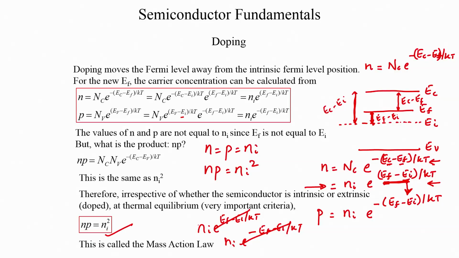So irrespective of whether the semiconductor is doped or intrinsic, the electron count into the hole count is always equal to Ni square, provided the semiconductor is at thermal equilibrium. Which means you have taken the semiconductor, either kept it intrinsic or doped it, and kept it in the dark.